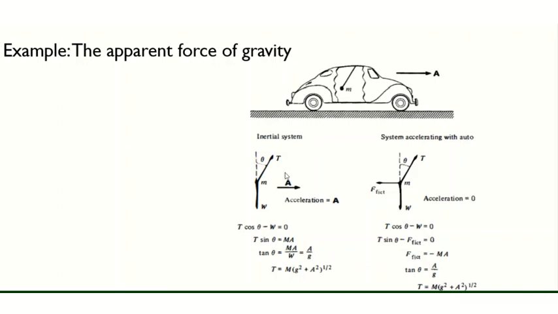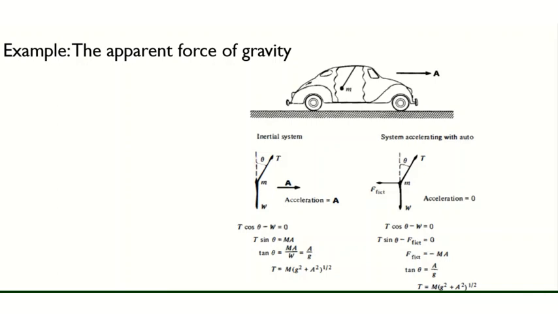We are going to split T into two components, T sin theta acting vertically up and T cos theta acting horizontally. Since the pendulum is in equilibrium, the vertical components balance each other.